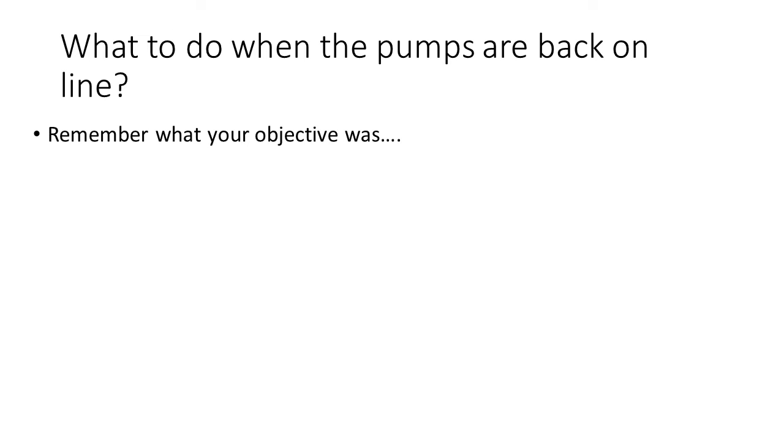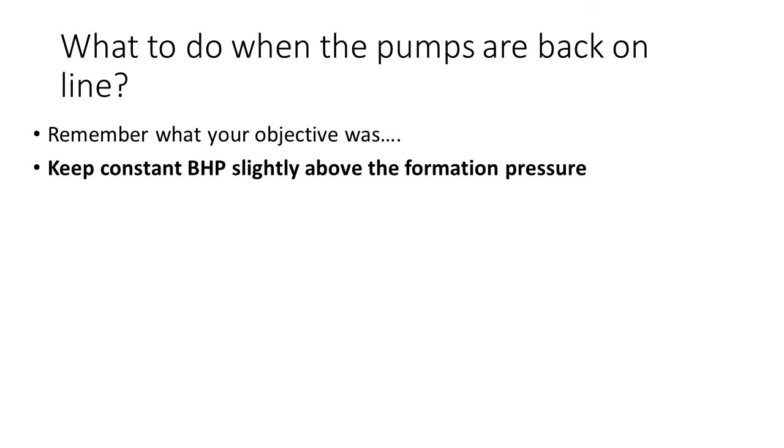What do we do when the pumps are back online? Remember, we were controlling the pressure by opening the choke to bleed the pressure in the range, to keep the drill pipe pressure in the range of 50 to 150 psi over what our shut-in stabilized drill pipe pressure was.